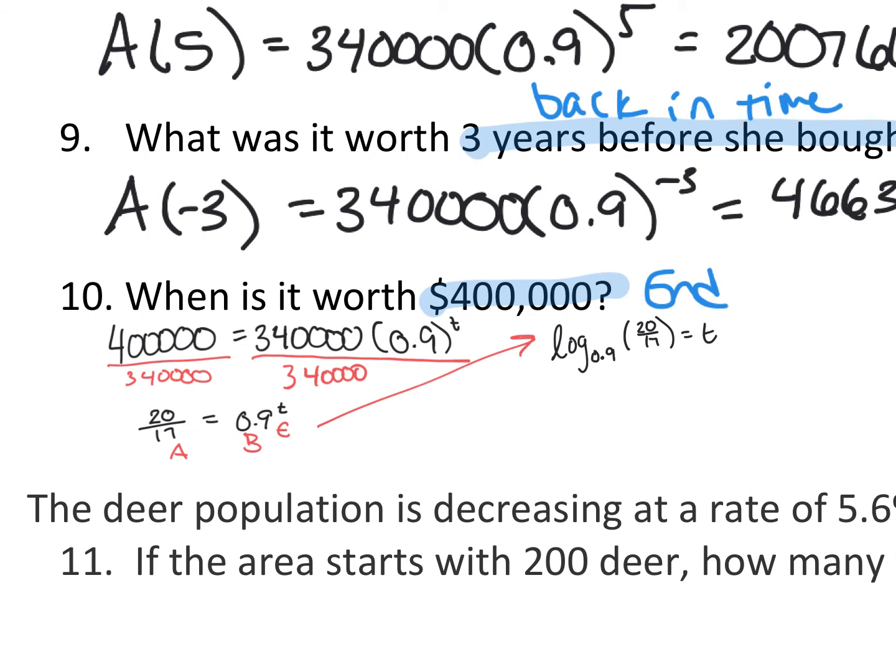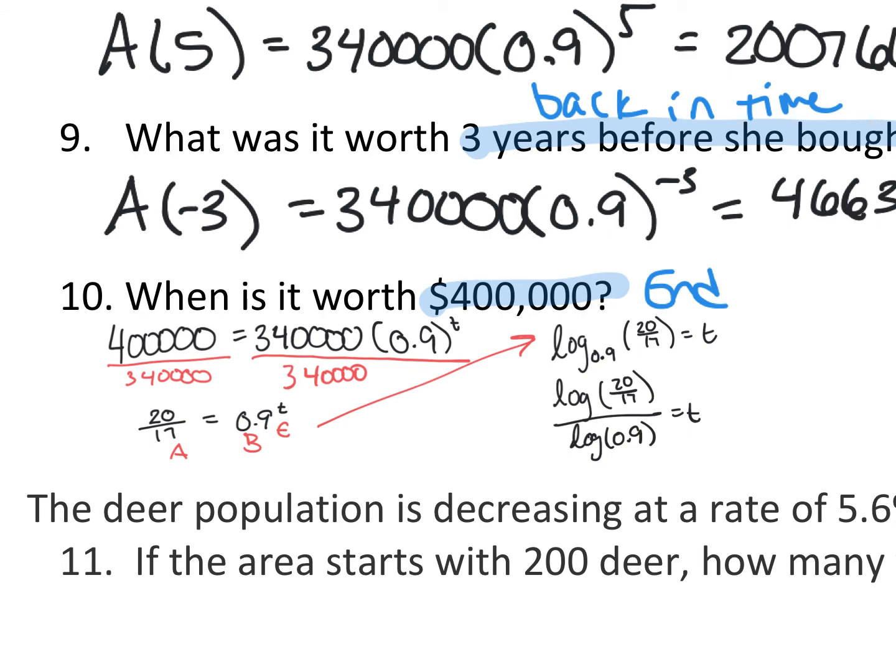Now, since we have a base of 0.9, that's kind of weird, we're going to use our change of base formula. So we end up with log of 20 over 17, or whatever your decimal is, divided by log of 0.9 is equal to t. So I'm going to plug that whole thing in my calculator and get that, hey, when was the house worth $400,000?